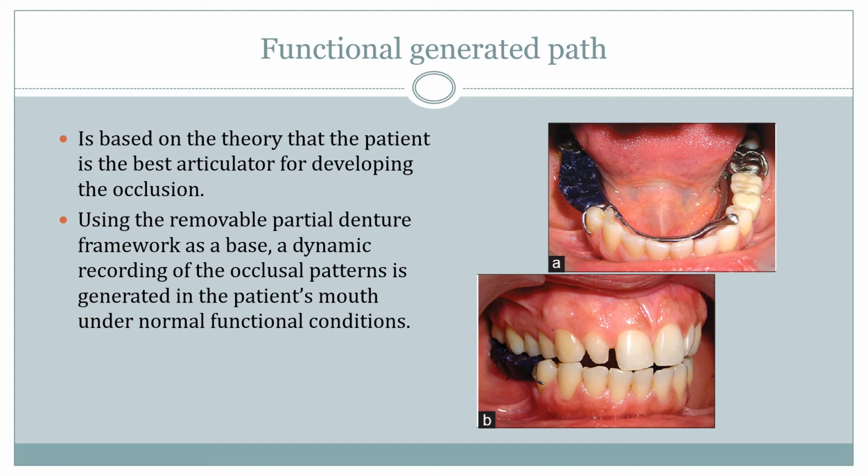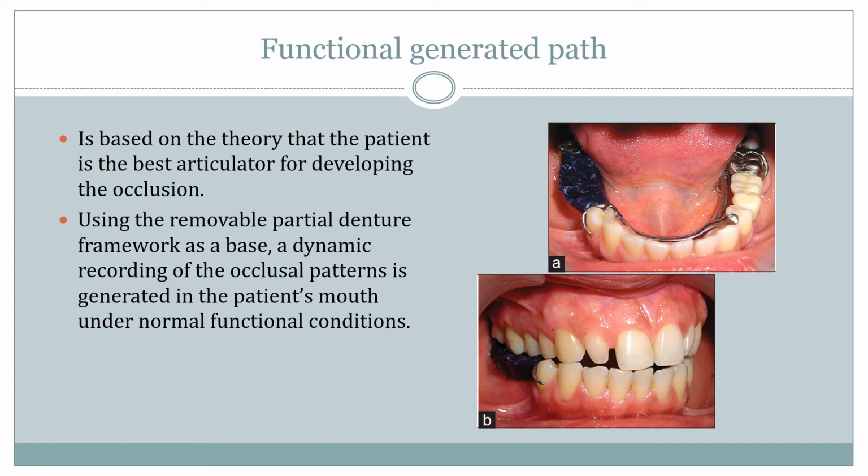So even in spite of guiding the patient to bite in his centric, he might give a certain glide, and there might be errors in occlusion which you might not be able to see in your try-in stage. But when you give the patient the final denture, the complete occlusion or the bite of the patient might change. So to avoid all those errors, we are using functionally generated path.